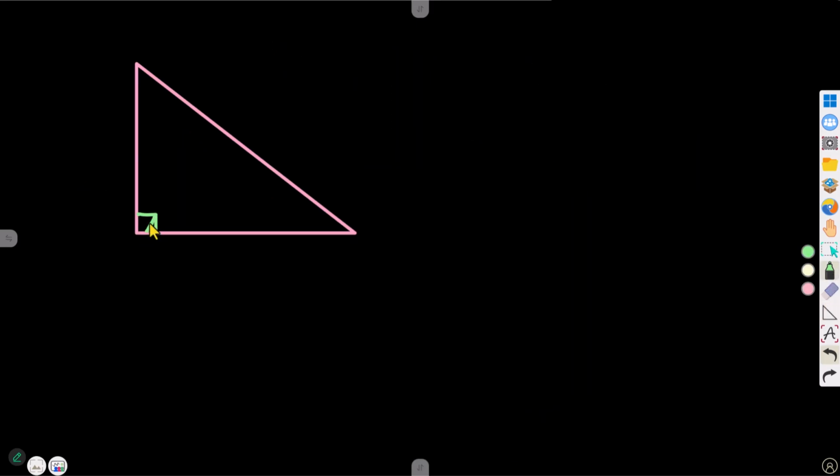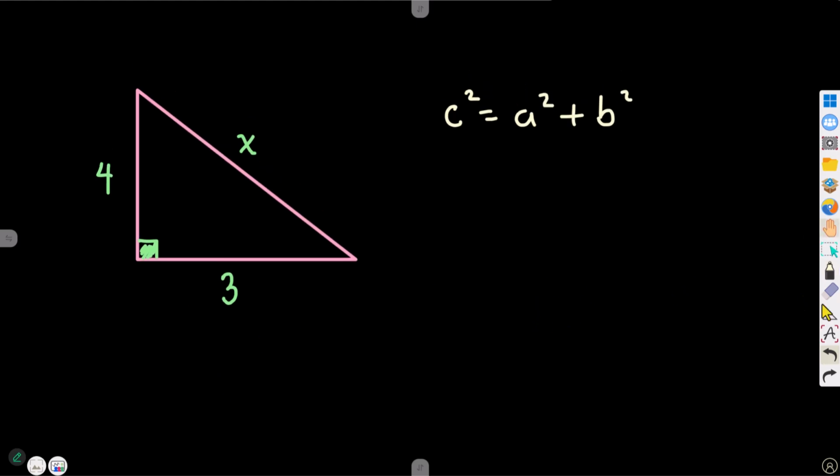It always has to do with a right-angled triangle. So if here is 3 and here is 4, and they want you to work out x, remember that C squared is equal to A squared plus B squared. Now I want you to figure out the size of x.